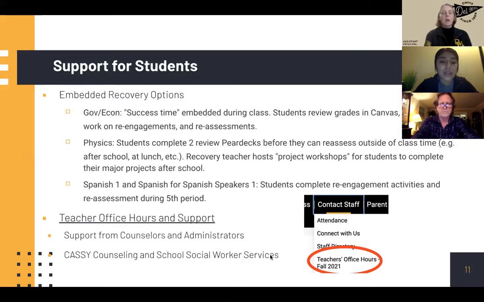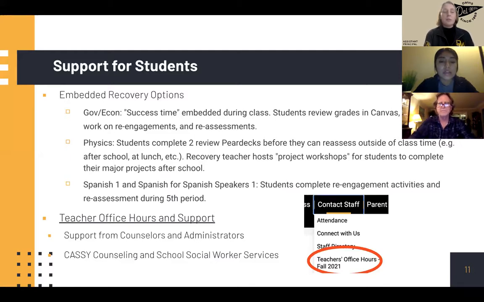We also have our counselors and administrators that are working closely, a lot of pulling in students right now, talking to them about their attendance or grades, really helping to try to motivate and push them to get through the next few weeks strong. And then we do also have CASI counseling and a school social worker that can work with students if they are having some social emotional challenges or even just general stress that's related to the end of the semester and grades and all of the stuff that's coming up for them.